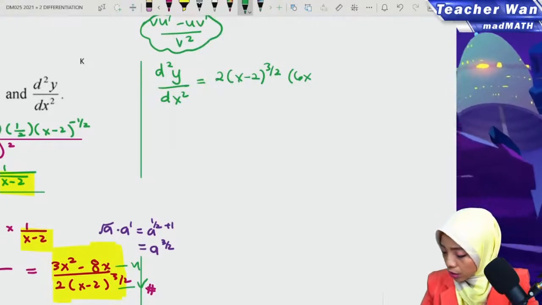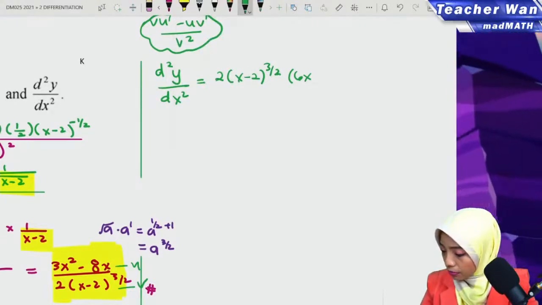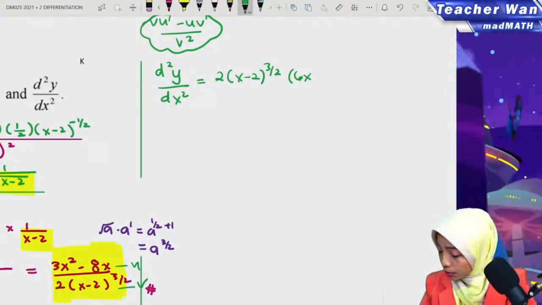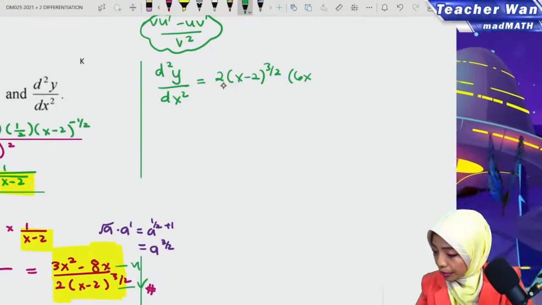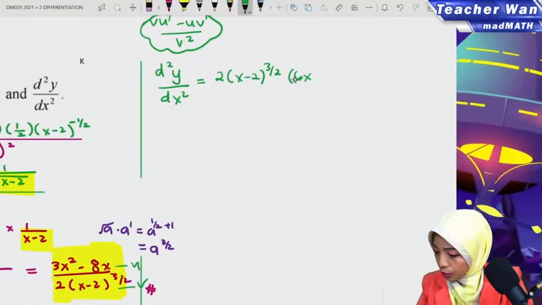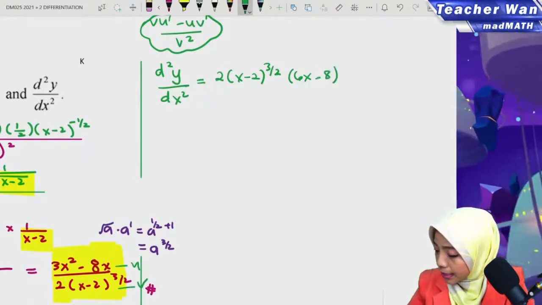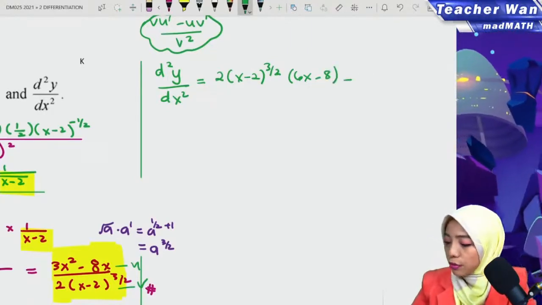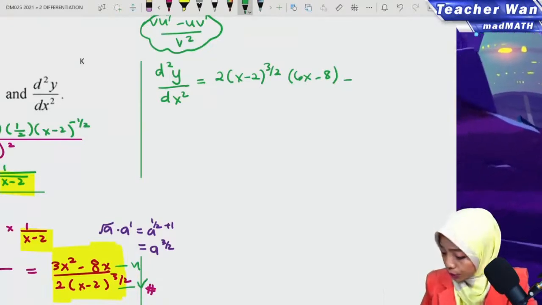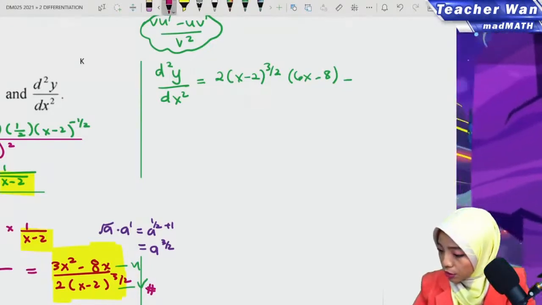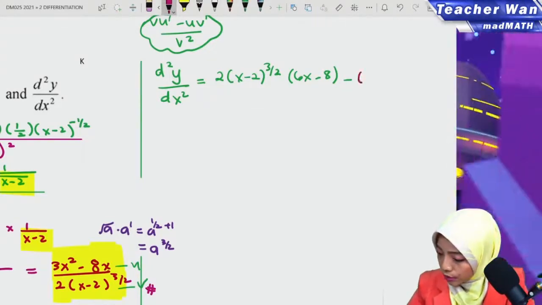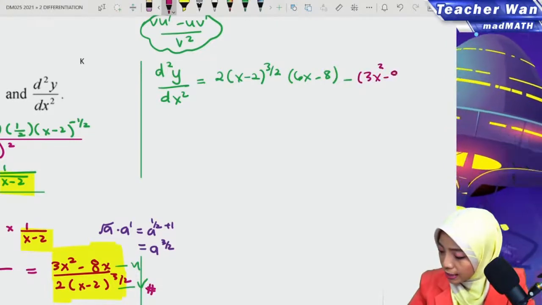Now we continue. Where did I stop just now? u prime is 6x minus 8, minus with u. Our u is 3x squared minus 8x.